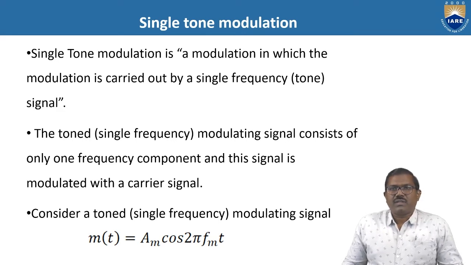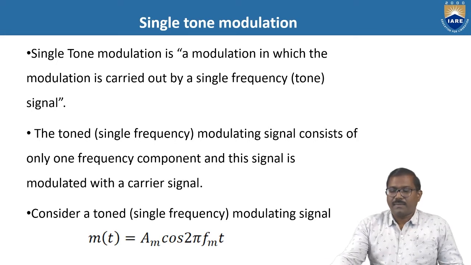Now considering a single frequency modulating signal, m of t is equal to Am cos 2 pi fm t. Am is the amplitude of the modulating signal or message signal, and fm is the frequency of the message signal.